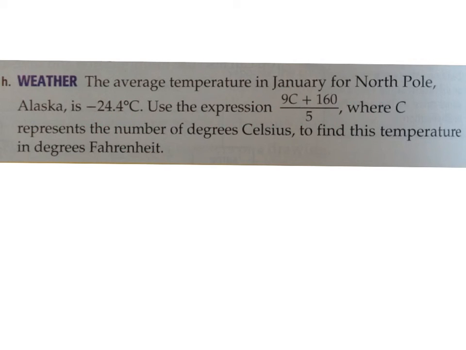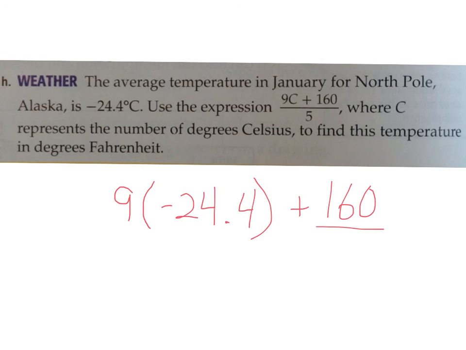This would look like 9, and then C, the degrees Celsius, is negative 24.4. Then I would add 160, and then I divide that by 5. That is going to give me an answer to find the temperature in Fahrenheit. So I could type this into my calculator here, or I could solve this, and I would have that answer.